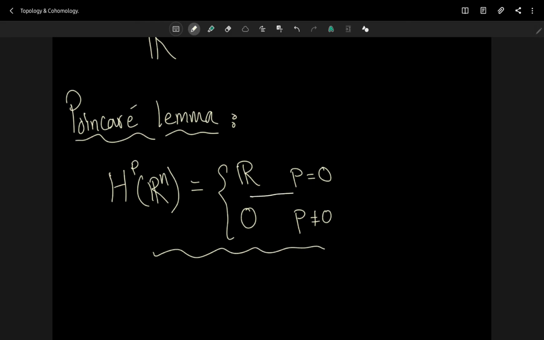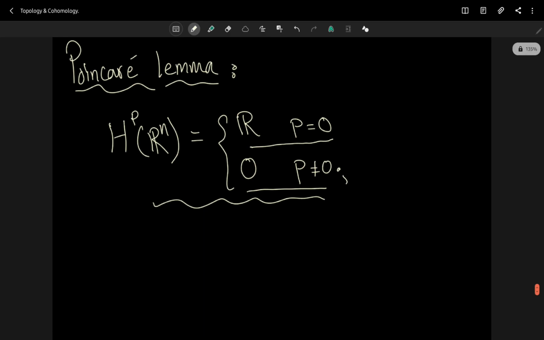Now, this one is just a statement that Rn has one connected component. On the other hand, this one says that all closed P forms on Rn are also exact. What I mean by it is that this AP, which is a closed form on Rn, is equal to the d of BP on Rn.